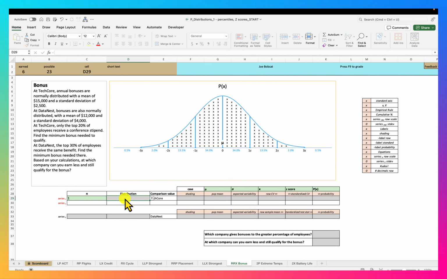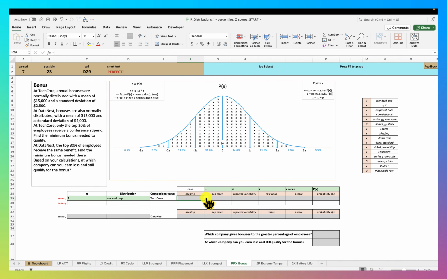N is 1, distribution normal. If you're wondering why we're doing this N is 1 again and again, it's because down the road we'll be doing samples where N won't be 1. It'll be like 30 in a sample, for example. But now we're just doing single values.